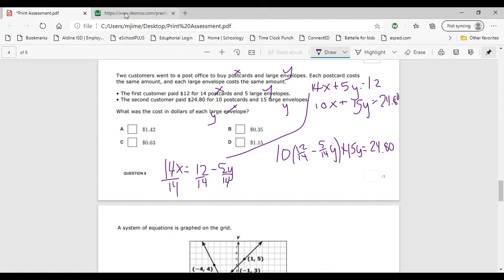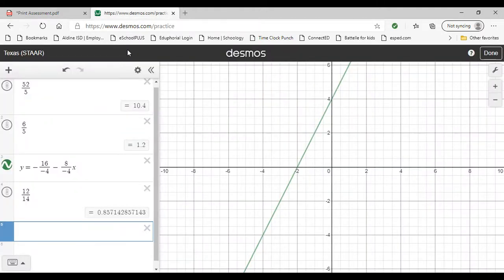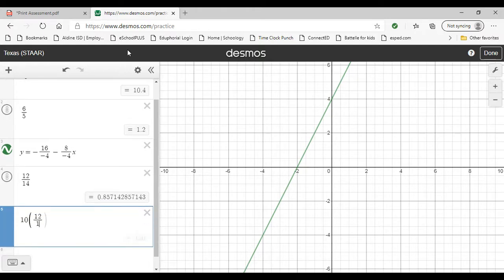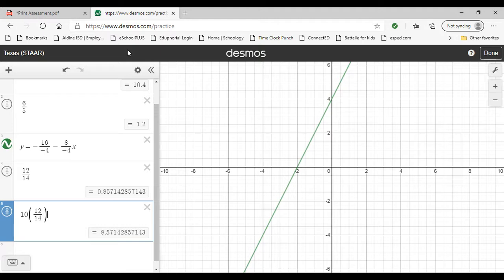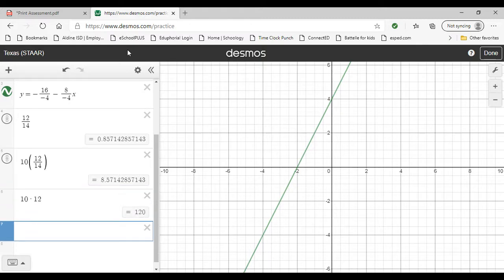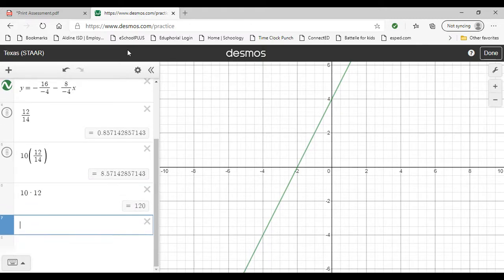All right, let me show you how you would do the whole multiplication. So you would put 10 parentheses, the 12 divided by 14. But we're still going to want to leave it as a fraction, so let's see how it gives you a decimal, so we don't want to do that. So 10 times 12 divided by 14.